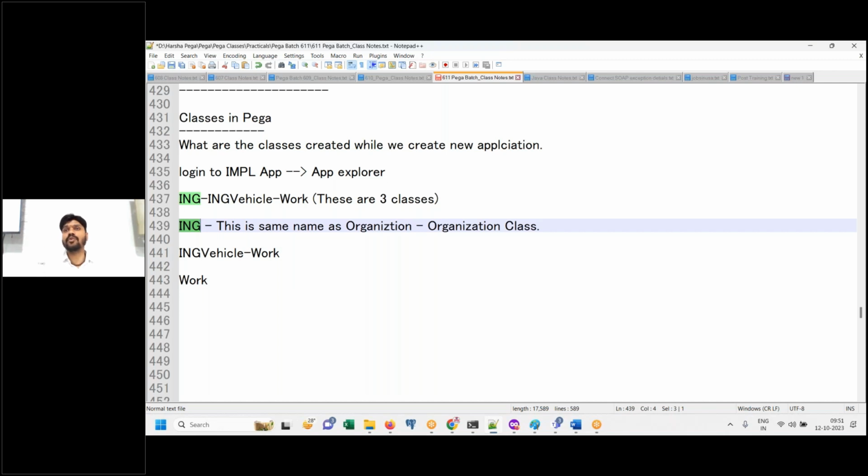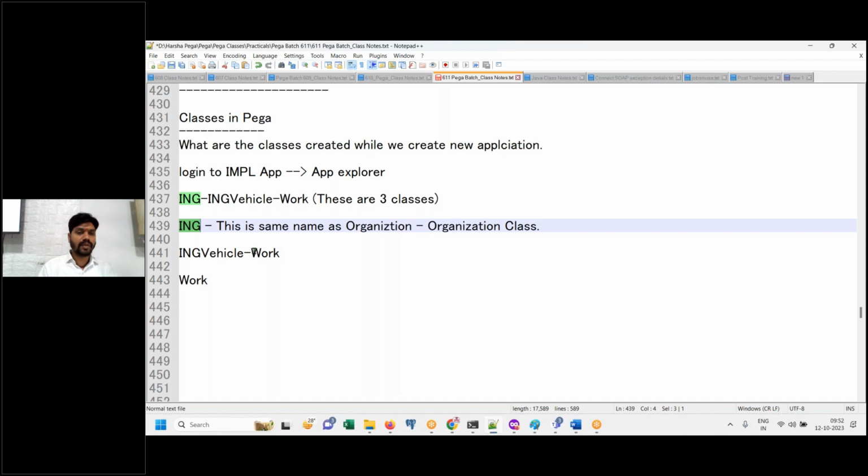Remember, at the time of creating the two applications, we chose the same organization. So one class will be shared between applications. If I had created two different organizations, one for each application, then you would not see a common organization; you'd see two different organization classes. That design is not recommended.